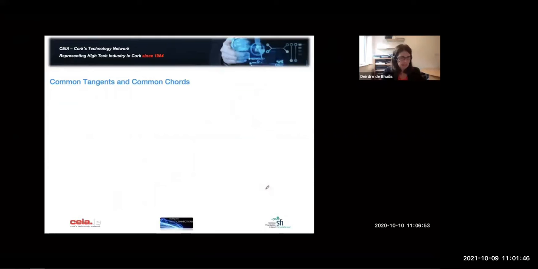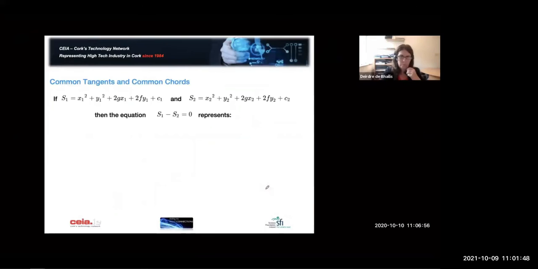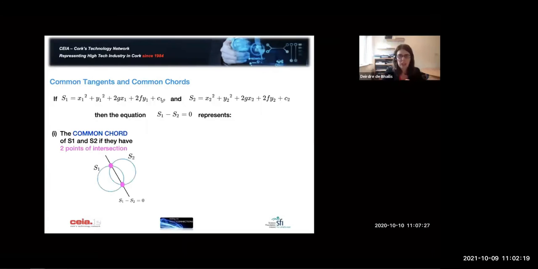So common tangents and common chords, what are they? If we have two circles, S1 and S2, then when you subtract one equation from the other, what you get is a line, because essentially if you're subtracting x squared and y squared from each other, which will be the case in every circle, the squared components will go away and you will be left with an x, a y, and a constant component, which is the format for the equation of a line.